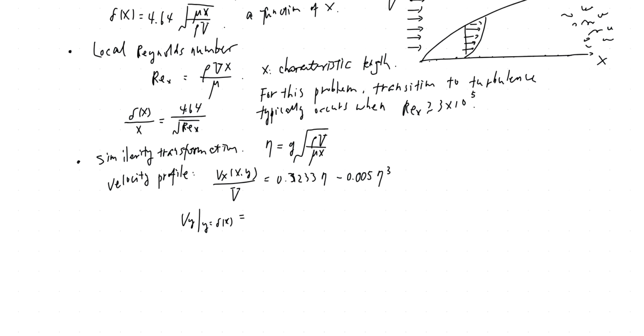You will get an expression for the velocity that's leaving the top surface of the boundary layer. It's also a function of x. And you can express it in terms of the Reynolds number.